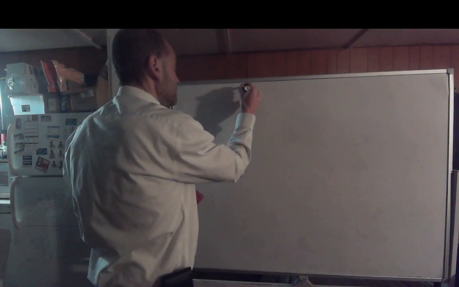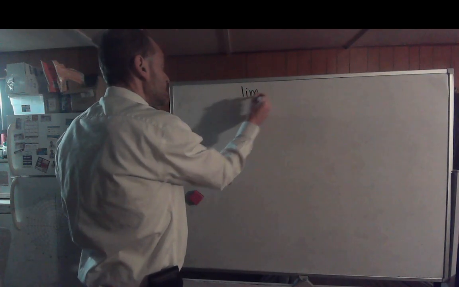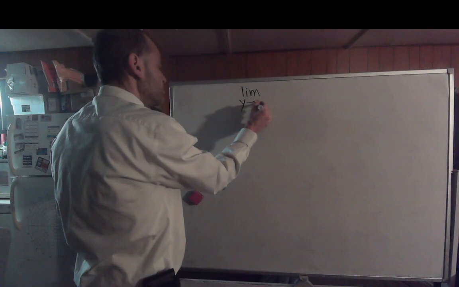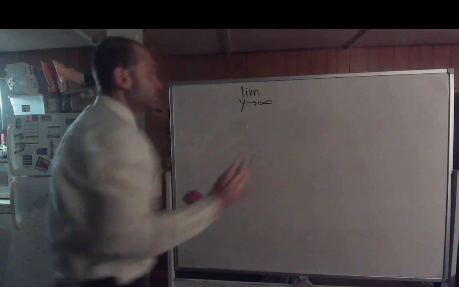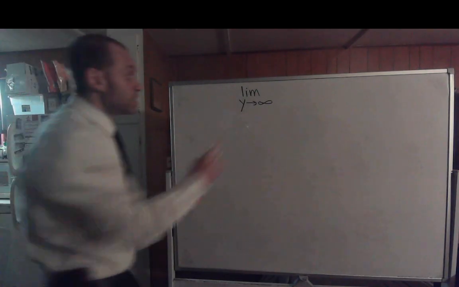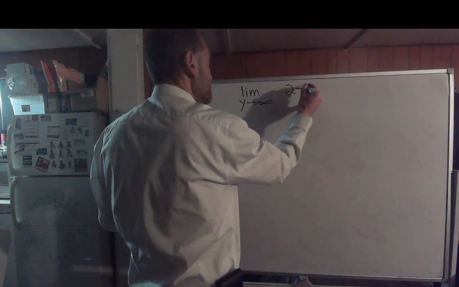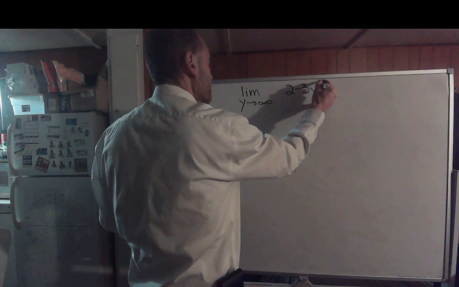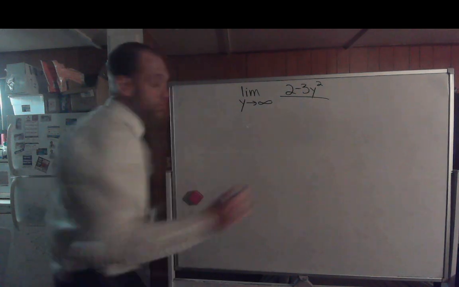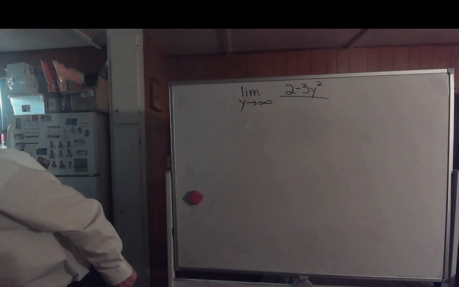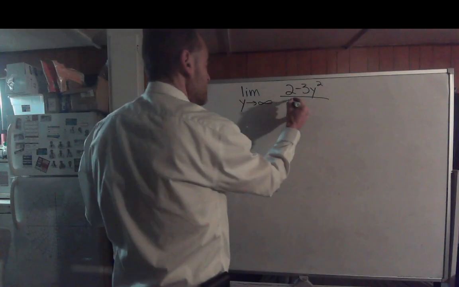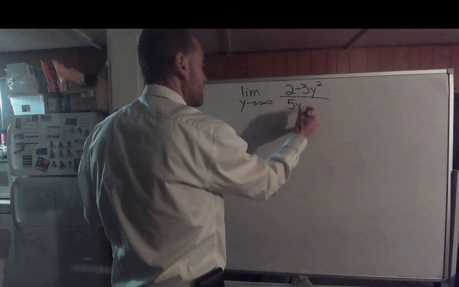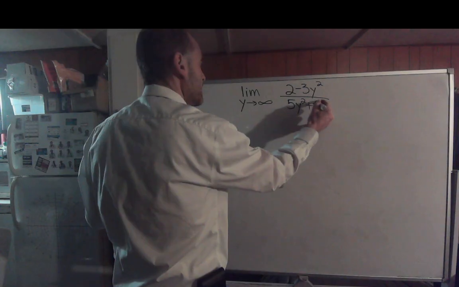Let's see, the limit as y approaches infinity of 2 minus 3y squared divided by 5y squared plus 4y.